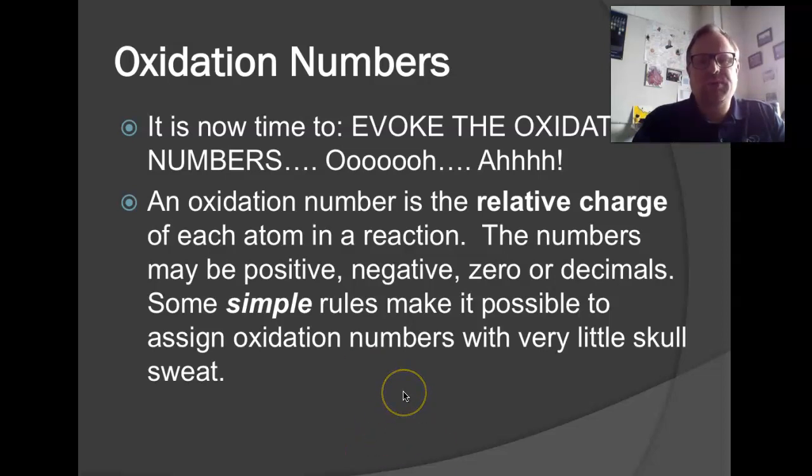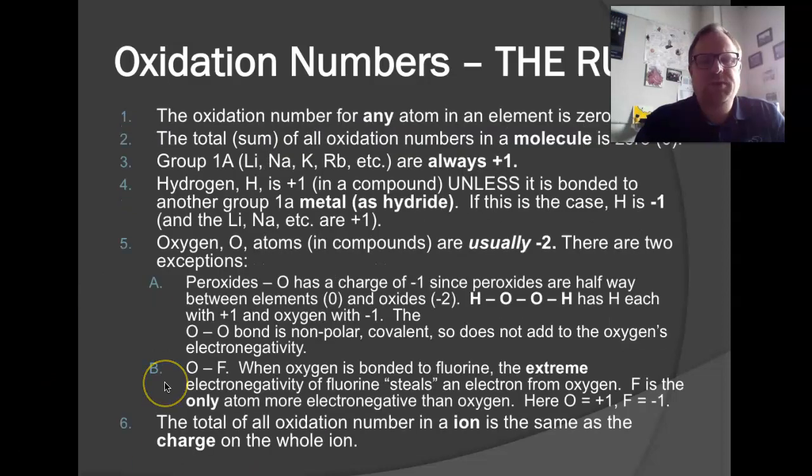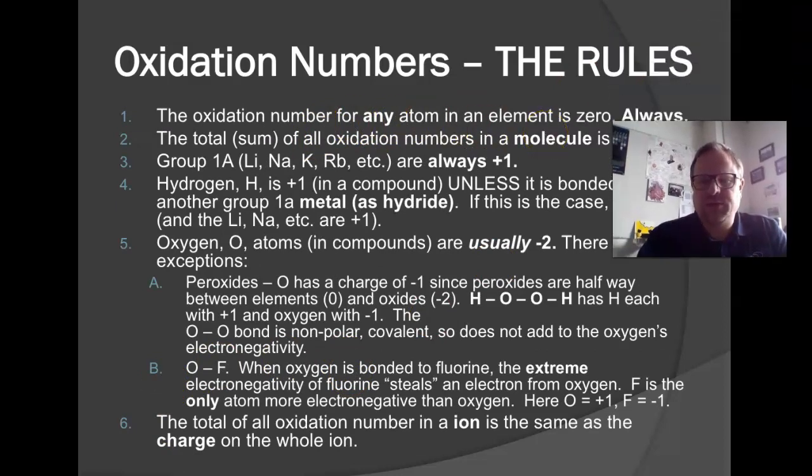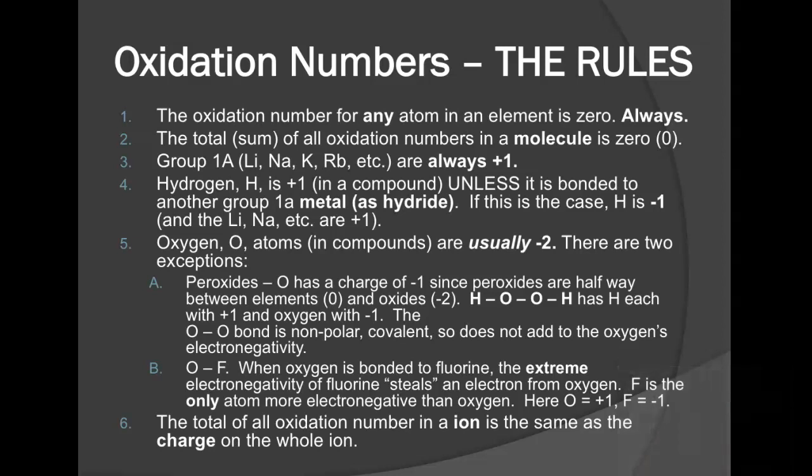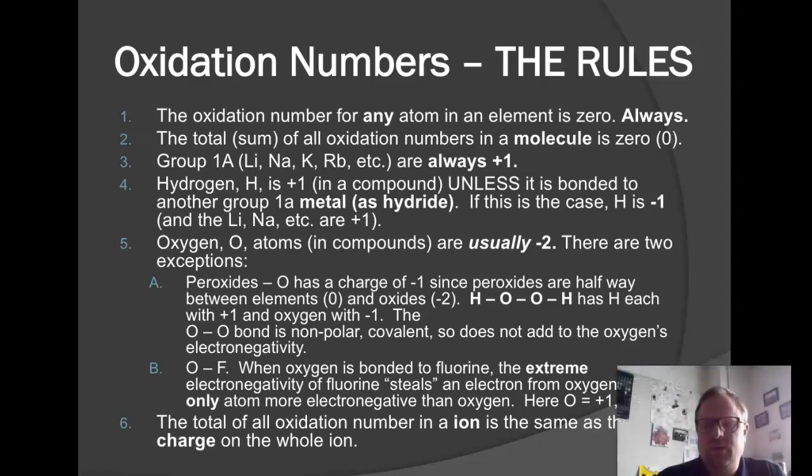But some simple rules make it possible to identify these oxidation numbers very quickly and allow us to work with them in multiple scenarios. So let's explore what these oxidation numbers are. What you have here is a set of rules to work your way through to determine the oxidation number of an atom.